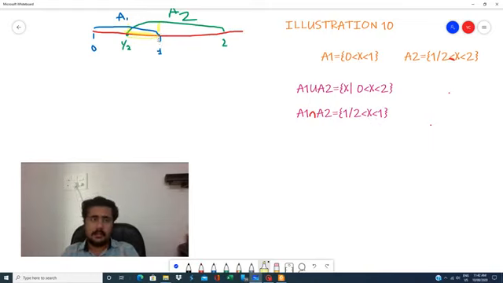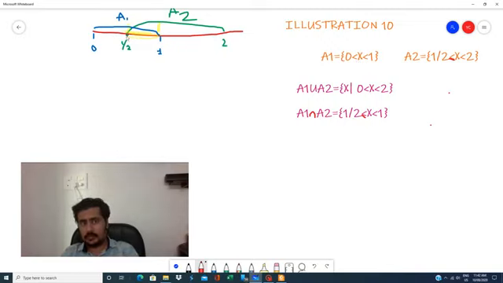Now 1 is not present in A1, but half is present in A2. So when it comes to intersection, we'll be writing equal to here. Why so, sir? Because half, you can see, is in A1 also. Half is between 0 and 1, and half is in A2 also.